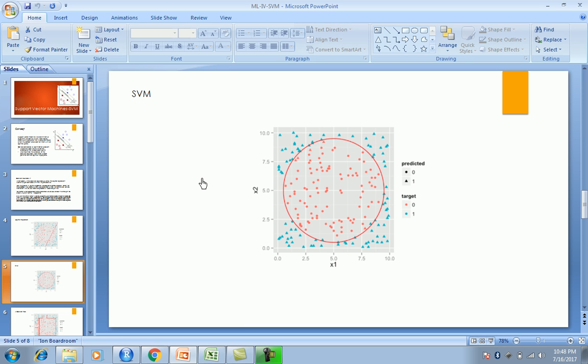So it will minimize the distance between the data points, and then it will build a plane which is at the greatest distance from each of them, which means it will be at the perpendicular from each of the closest data points.